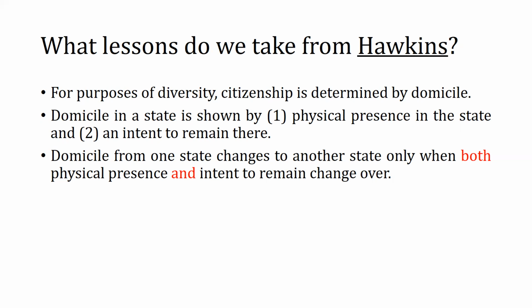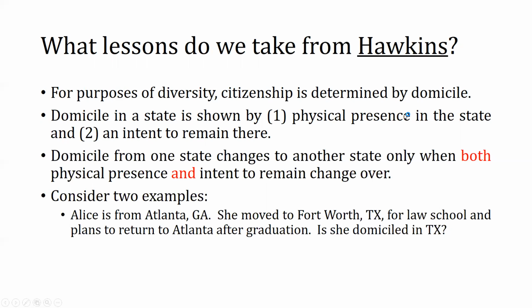So to understand this in concrete terms, consider a couple of examples. Let's say Alice is from Atlanta, Georgia. She moves to Fort Worth, Texas to go to law school at Texas A&M and plans to return to Atlanta after graduation. She currently lives, therefore, in Fort Worth. Is she domiciled in Texas?